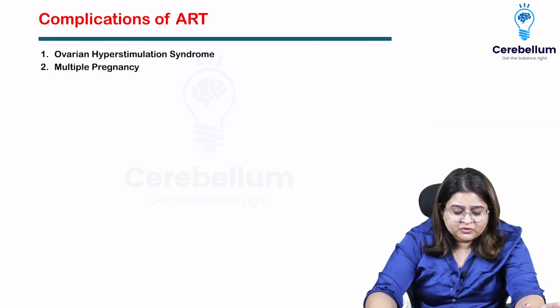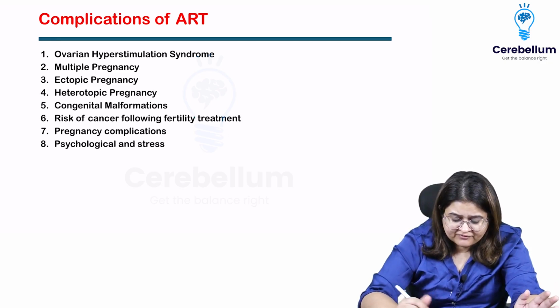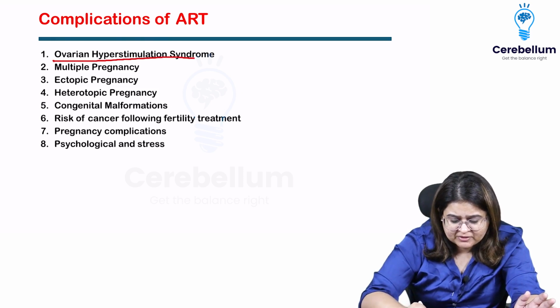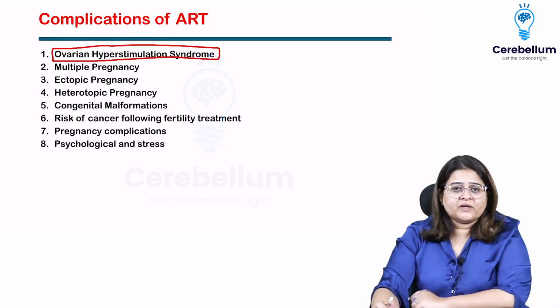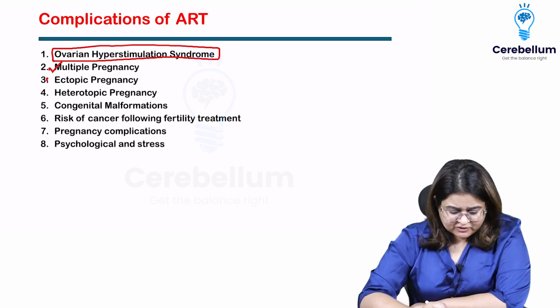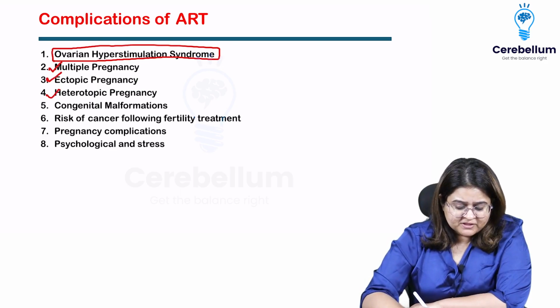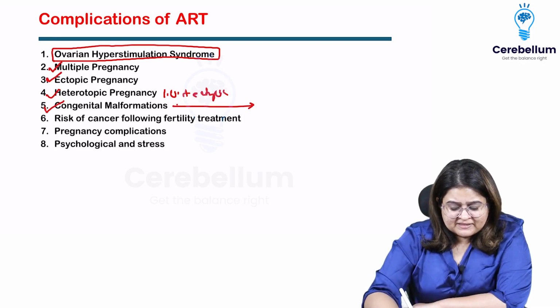Now, a very important complication of IVF which we will discuss is ovarian hyperstimulation syndrome. But let's first have a look at the other risks of undergoing an IVF. There's a higher risk of multiple pregnancy. There's a higher risk of ectopic pregnancy. Heterotopic. What is heterotopic? It is intrauterine plus ectopic pregnancy. Congenital malformations in the fetus: this is plus minus.